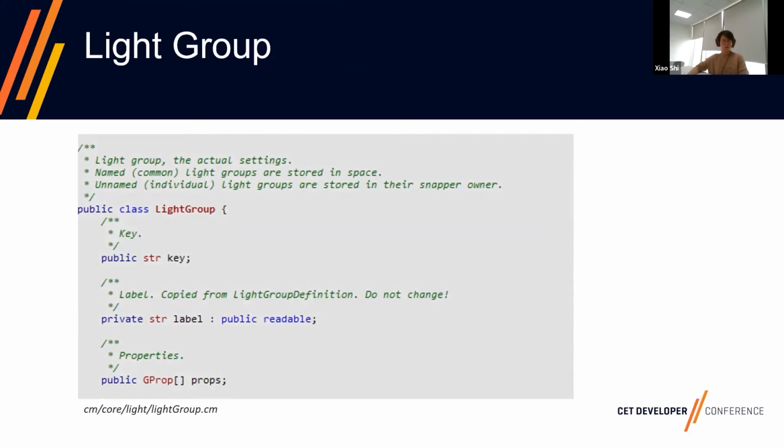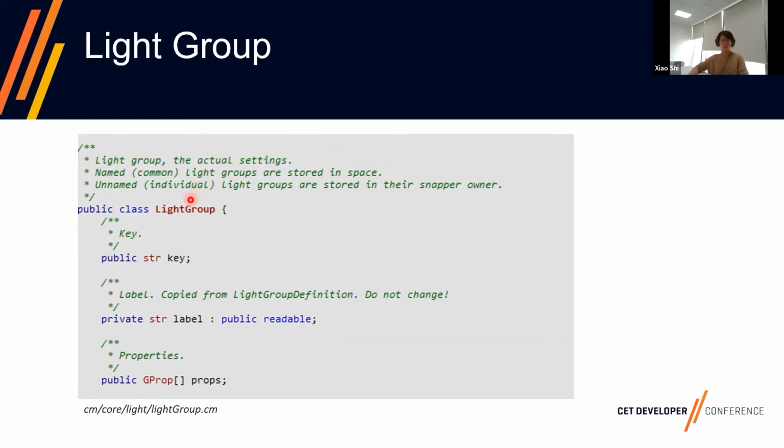You can see that there is a comment saying that the common light group, which is what I just mentioned, the global light group that you can change for all the lights, for the group of lights, is actually stored in space.